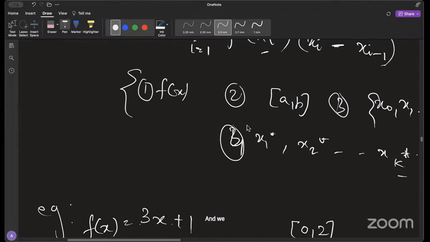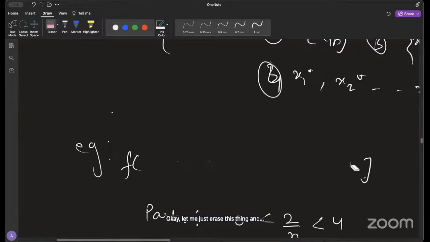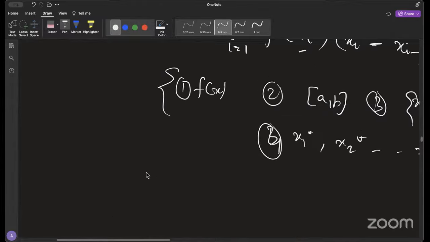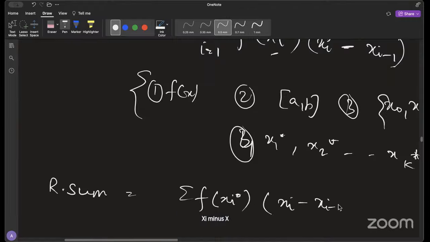And I forgot to mention one thing. Let me just erase this. So your Riemann sum is this, right? Riemann sum for a function is the sum of f(xi star) times (xi minus xi minus 1), i varying from 1 to n.